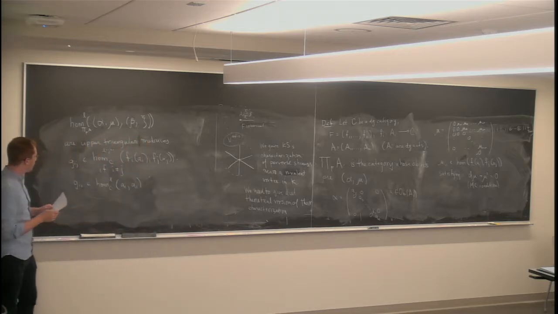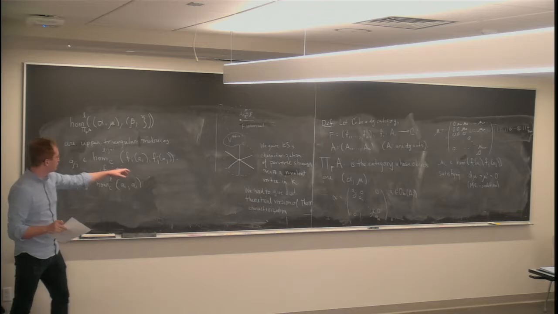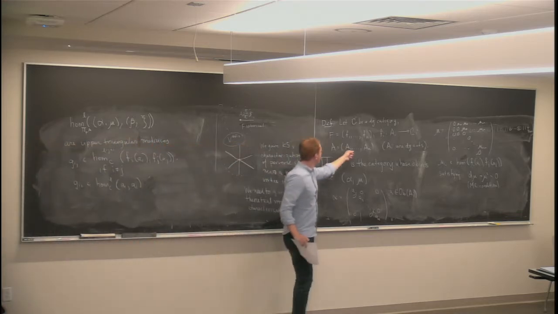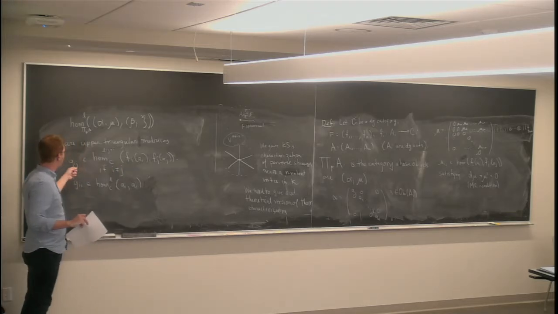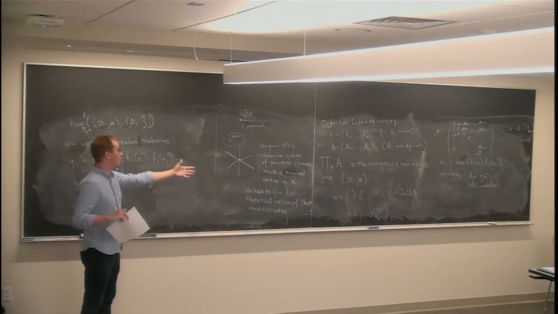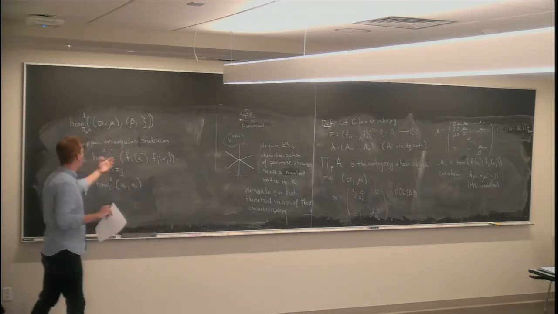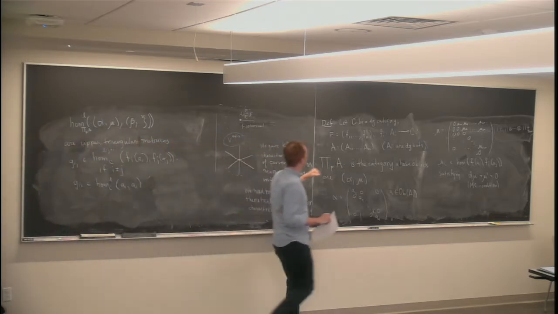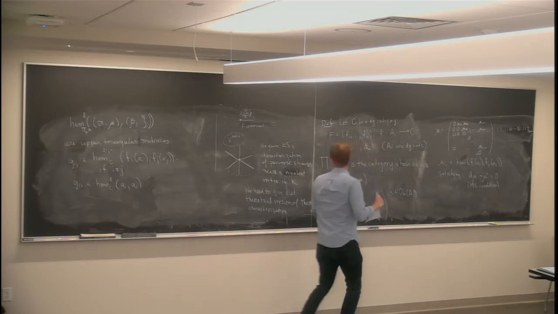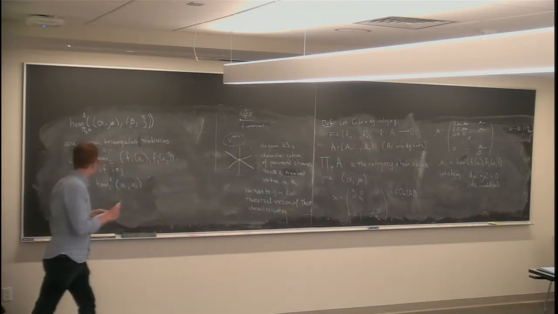So the diagonal elements are distances between the same objects sitting inside of the category A. Whereas if we want to take Homs between objects i and j, since they're not actually living in the same category to begin with, in order to compare them, we need to map them into the category C using the functors F_i, and that's what we do here.